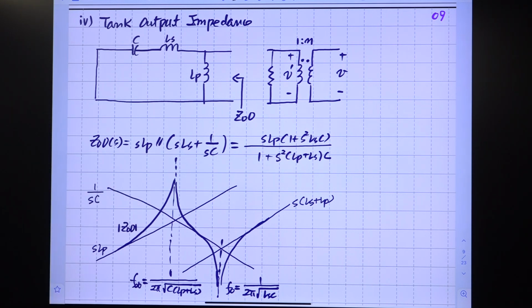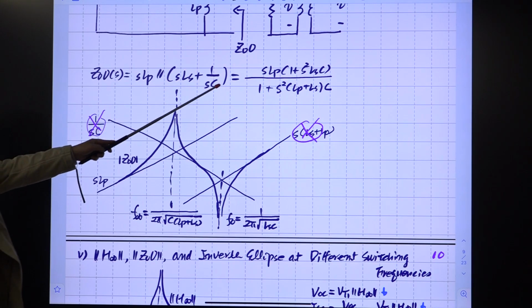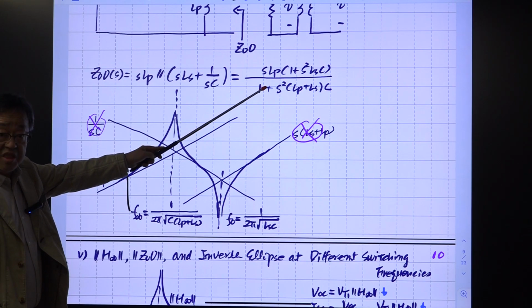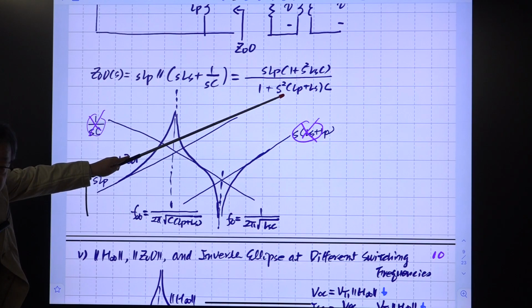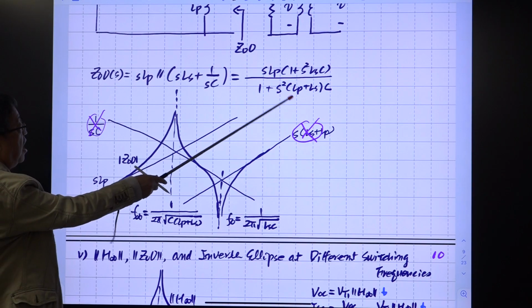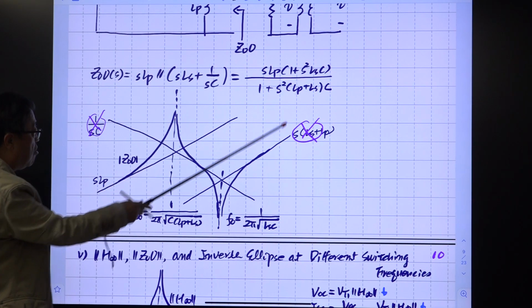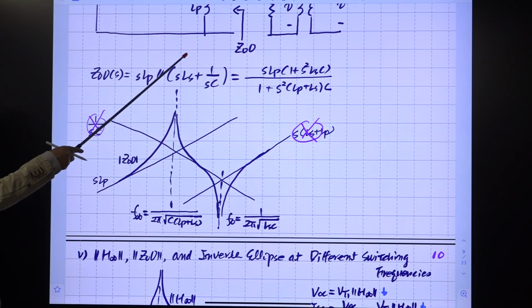So I plot it here. Forget about this, it might be long or unnecessary. Start here. Initially we have a single integration, so it goes with this integration slope. Then here we have a double zero. At this resonant frequency, resonance between this C and the series connection of the two inductors occurs. Then this goes up to infinity and comes back, right?